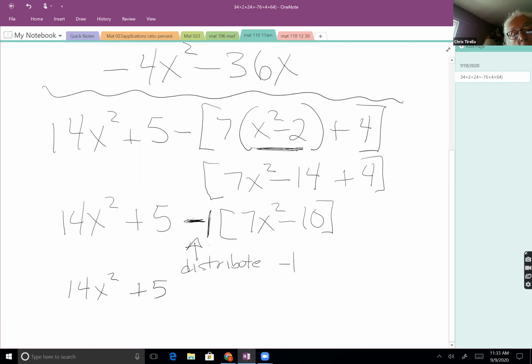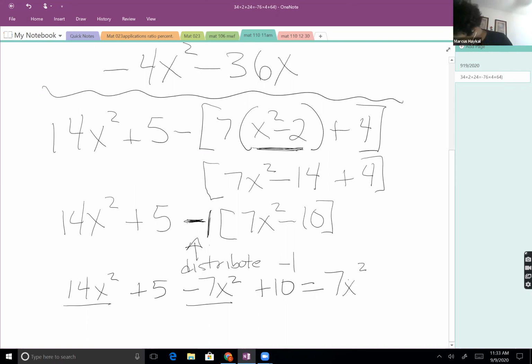But over here, I have to distribute negative 1. Negative 1 times 7x squared is minus 7x squared, and negative 1 times negative 10 is positive 10. Now we've got some like terms. 14x squared minus 7x squared is 7x squared, plus 5 plus 10 is plus 15. How's that one?